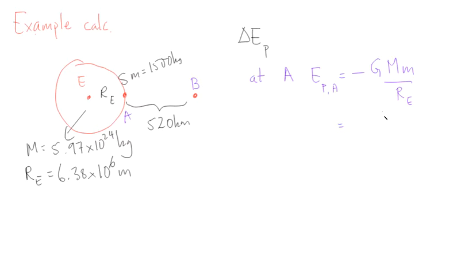If I plug in the numbers, I get negative 6.67 times 10 to the minus 11 times the mass of the Earth, 5.97 times 10 to the 24, times 1500 divided by only the radius of the Earth, which is 6.38 times 10 to the 6.